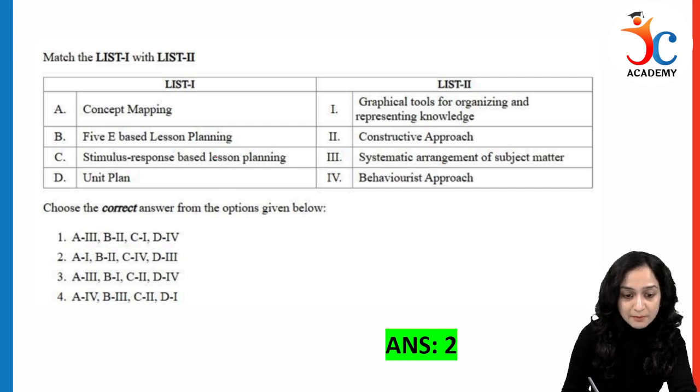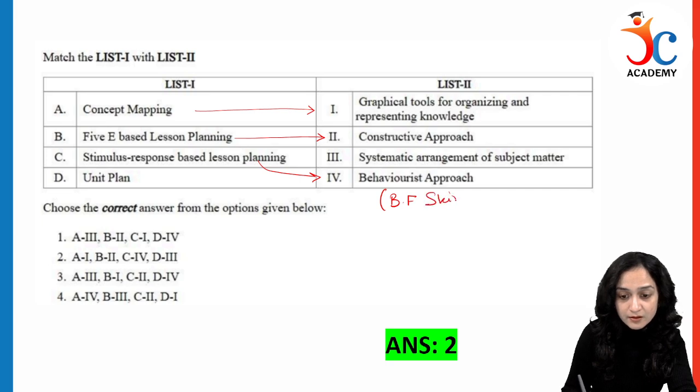So, concept mapping is the graphical tool which represents our knowledge. 5E, as I have told you, is based on constructivism. Then stimulus response based plan is a behaviorist approach. Stimulus response is B.F. Skinner's operant conditioning.